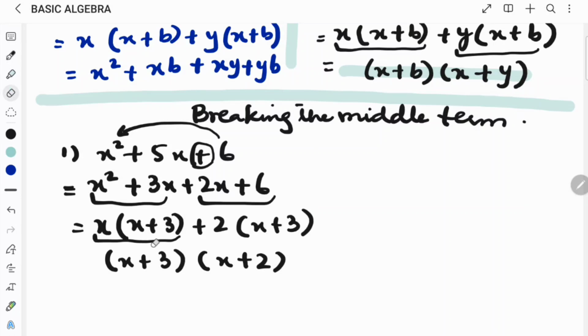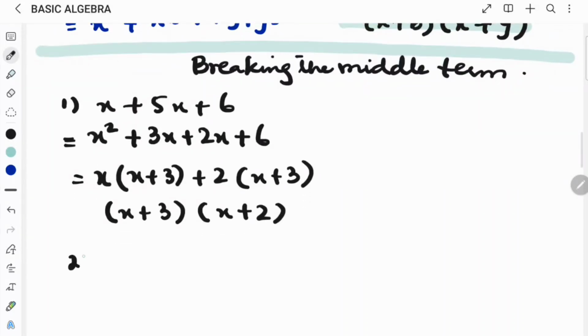So the same type of question I'll take with the different sign. For example, the same thing, you have x square, sorry, here x square plus 5x, and then I'm taking minus 5x, and then plus 6. Did you see they are all the same, only the difference in the sign?